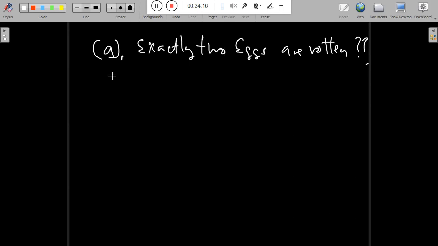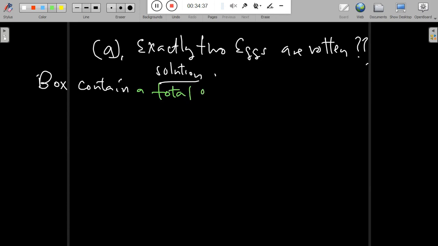Since we are dealing with exactly 2 eggs being rotten, we need to consider the total number of eggs in the box, which is 8 eggs, and the 3 which were picked. But the question has not identified which kind of eggs were picked, rotten or unrotten.